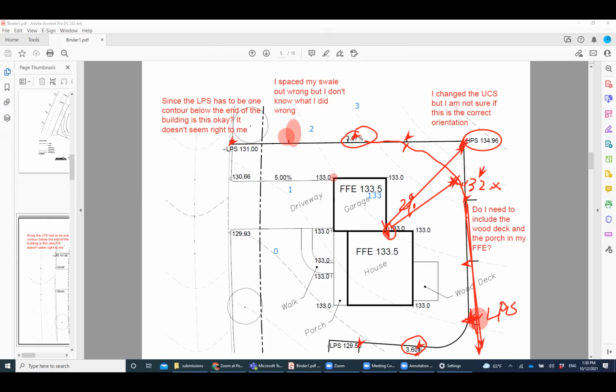So basically change it back, so that in the final plot, north will be directly up and spot elevations are aligned with the bottom of the page. Yes, it will appear that your spots are at a diagonal with your building lines.